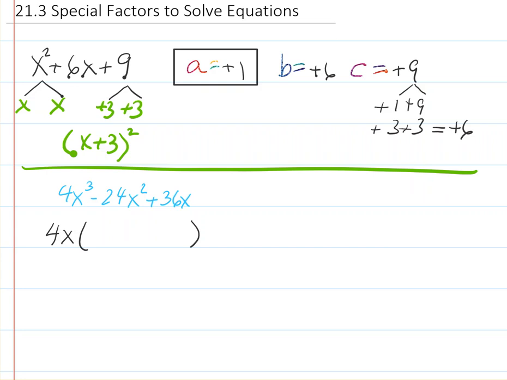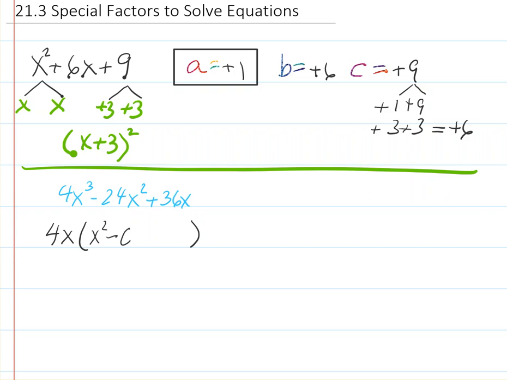All right, so let's recreate what we started with. I want 4x cubed, and I'm going to multiply something to 4x. What do I multiply to 4x to get 4x cubed? The answer is x squared. What do I multiply to 4x when I want the answer to be negative 24x?